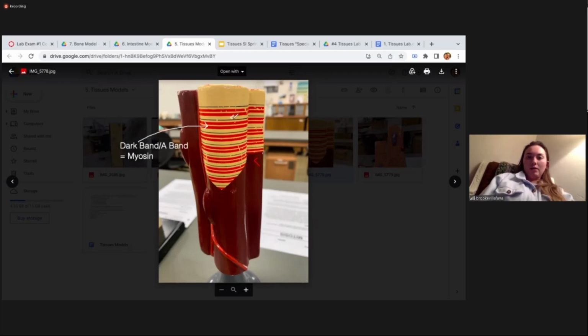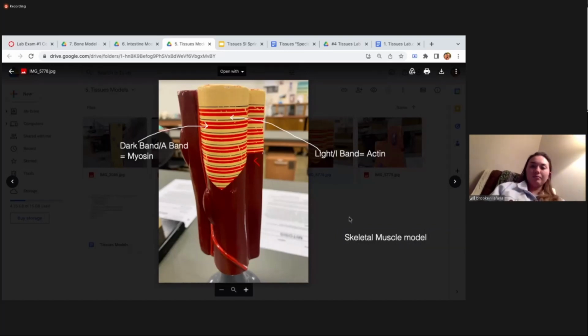The white or lighter area, that's going to be your actin, light I band, actin. Again, overall, this is still the same thing. This is our skeletal muscle model. Good. All right.